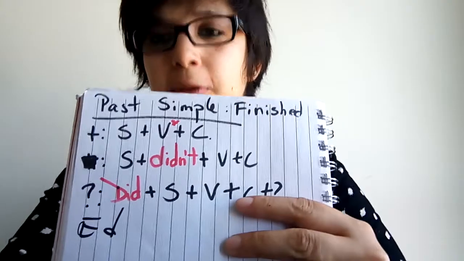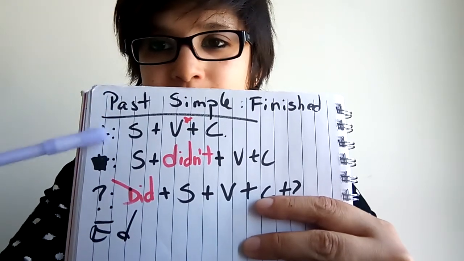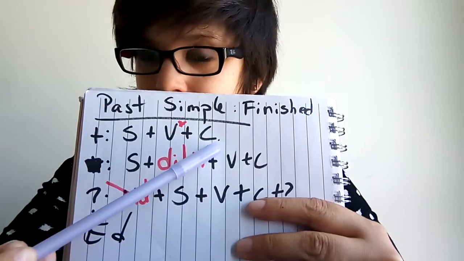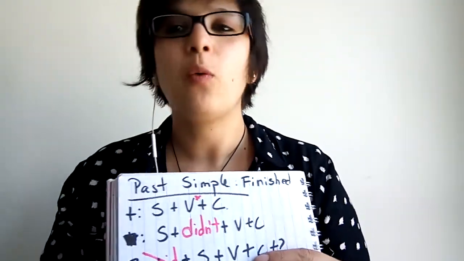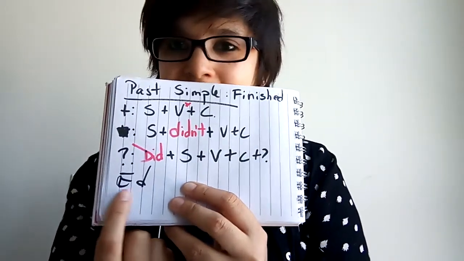And we have three forms. As you can see, we have the positive one, and you need subject, verb, complement. In this case, we have two types of verbs. We have the regular verbs, which are the ones that end in ed. And on the other hand, we have the irregular verbs, which are the kind of verb that have one, two, or three forms.